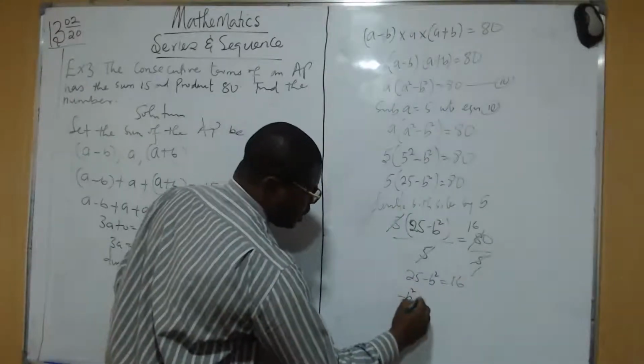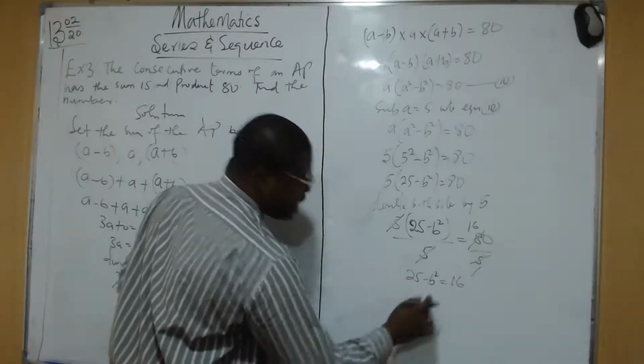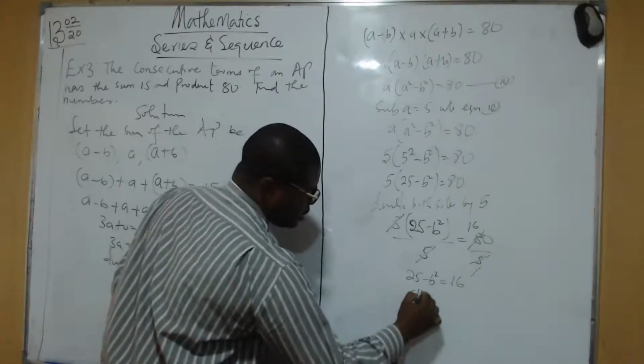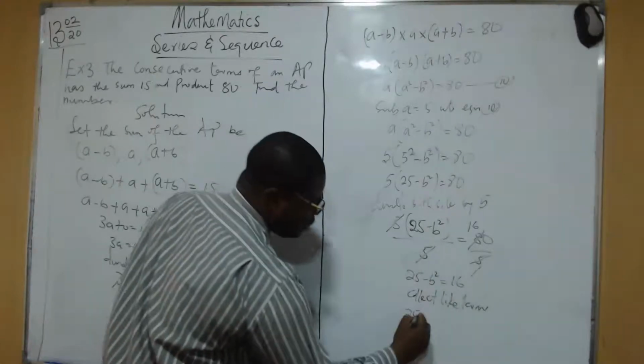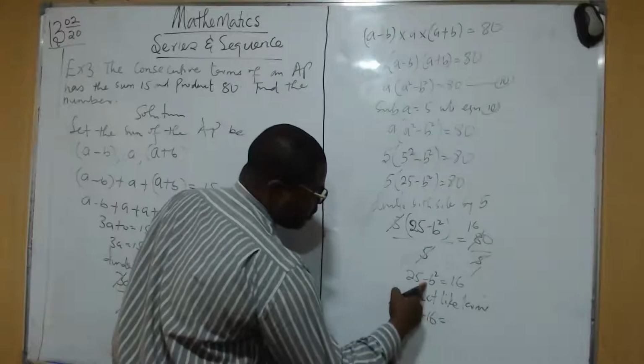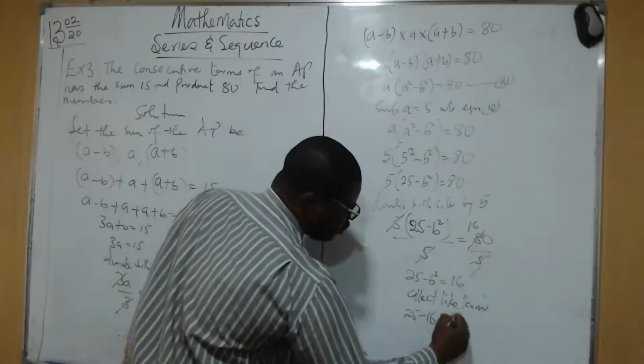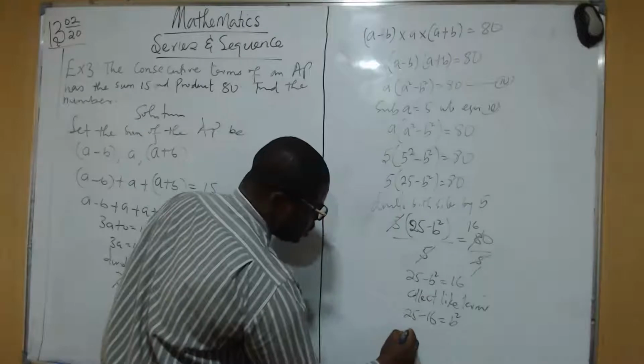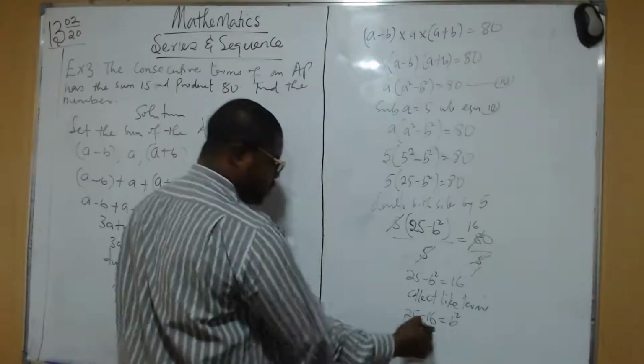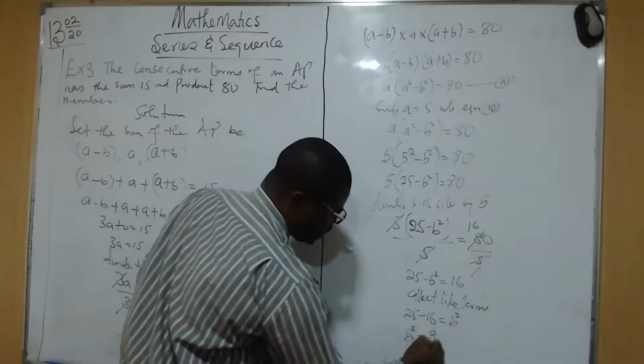Minus b squared equals, collect like terms. Coming to this side becomes minus 16. The minus b squared going to the other side becomes b squared. So b squared equals 25 minus 16, which gives us 9.